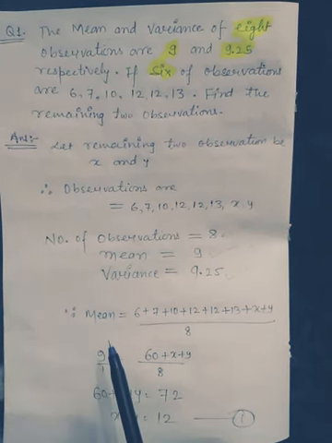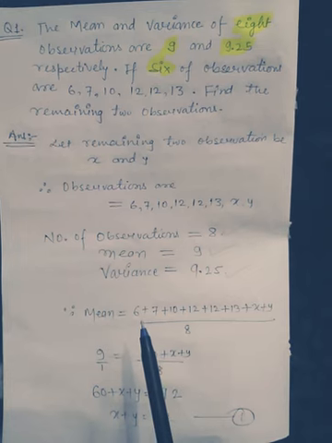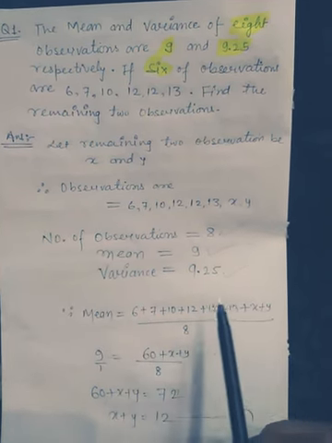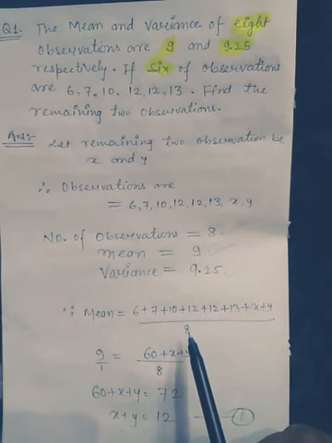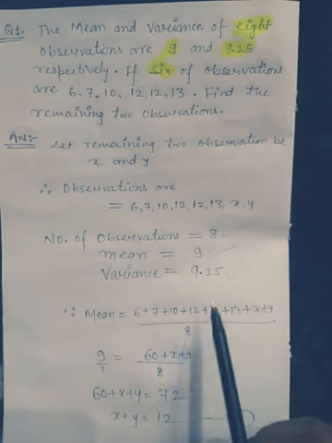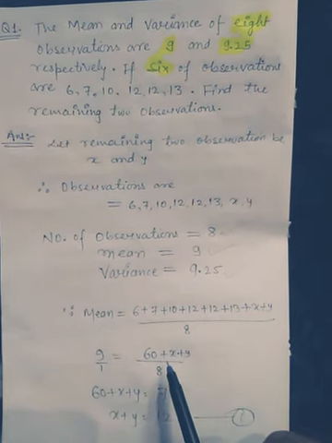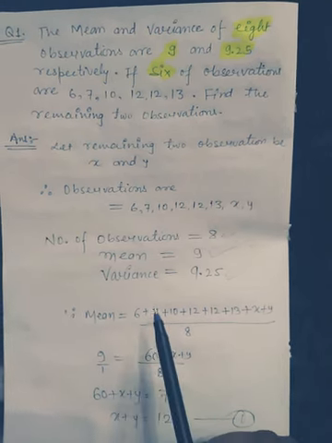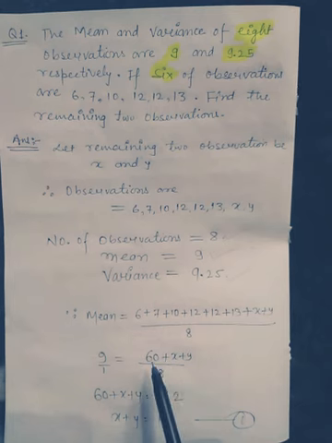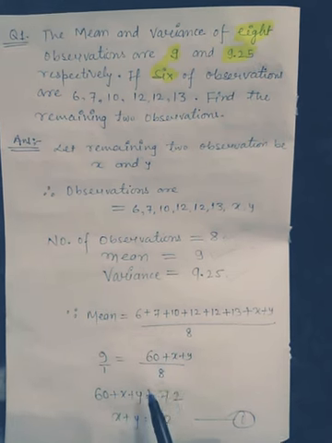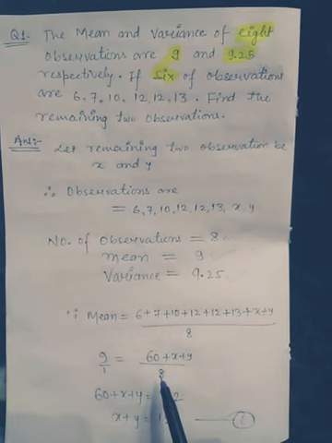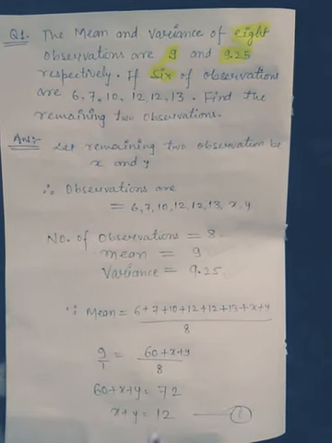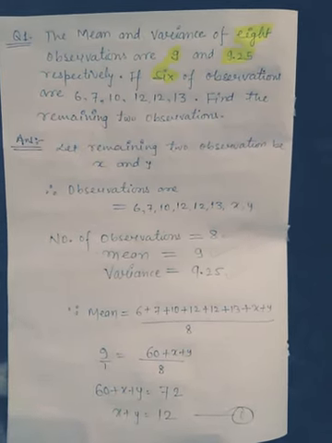Since mean is sum of all observations by number of observations, so we use mean is 9, this equals, after simplifying, 60 plus x plus y upon 8, and after simplifying we get x plus y is 12.